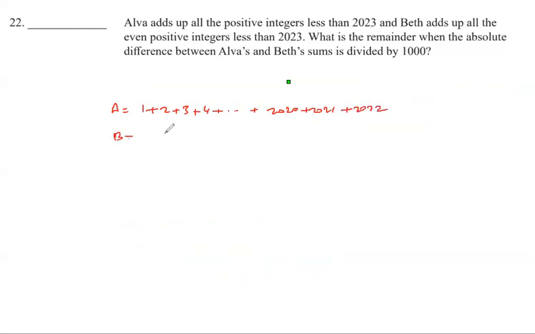And then B was 2, 4, all the even numbers. If you want to find the difference between these two, the evens will be gone, so you will just get 1, 3, 5, all the way to 2021, which is just the odd numbers.